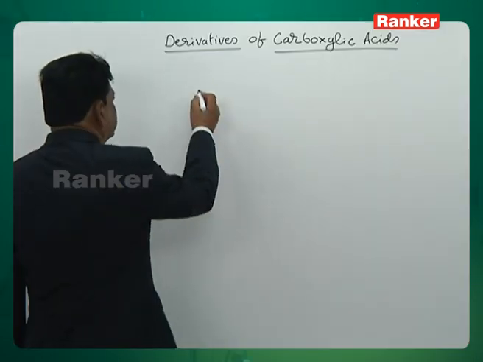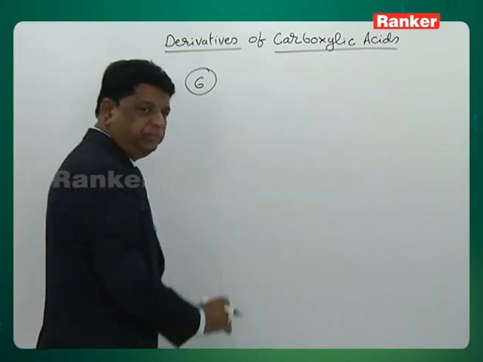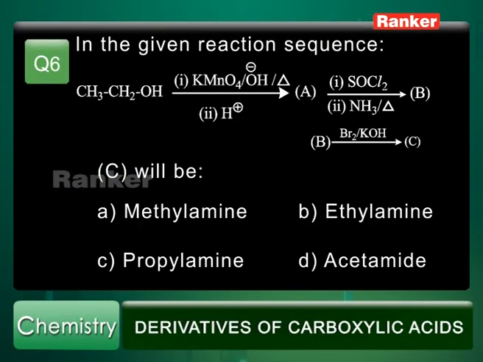Let's go to question number 6. In the given reaction sequence, ethyl alcohol is reacting with the oxidizing agent permanganate in basic medium, heated. It gives a carboxylic acid salt, and on acidification you get acetic acid. Compound A is acetic acid.